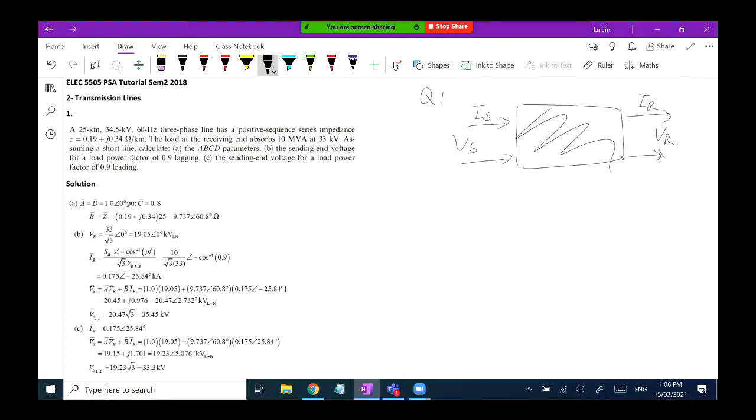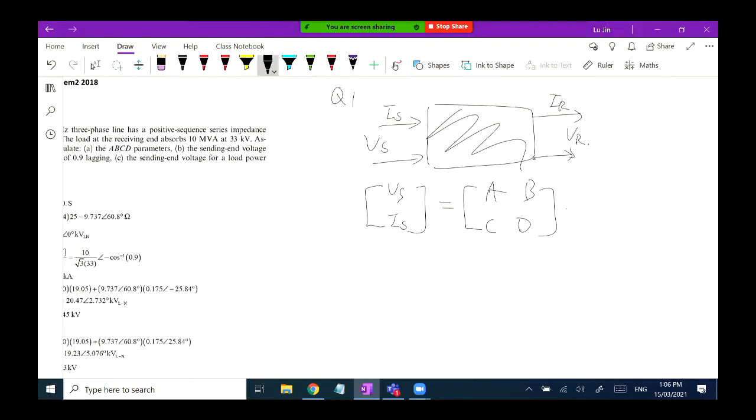The mathematical expression for this ABCD model uses the matrix form, the compact form. So VS, IS, the 2 unknowns on the sending end, is equal to our ABCD model, using the 4 items in this matrix to denote the ABCD model, multiplied by VR, IR.